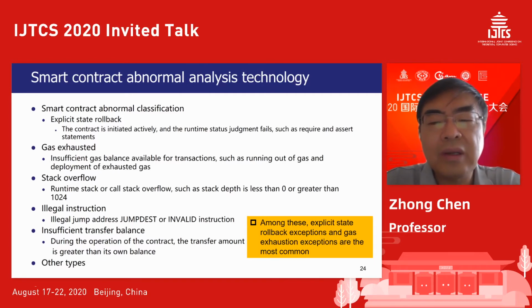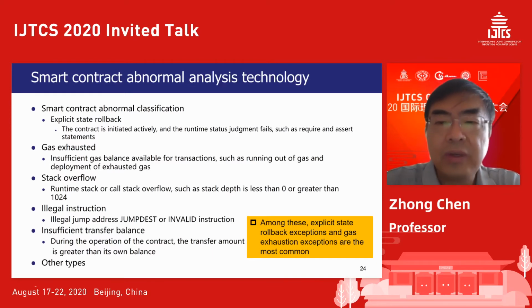I'm not going into details about that, but this category also gets more attention and people try to deal with it. Among these, explicit state rollback exceptions and gas exhaustion exceptions are the most common issues.